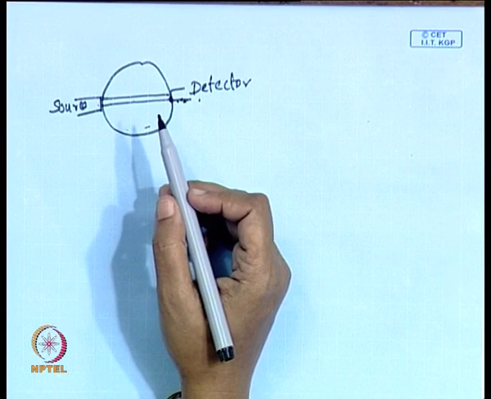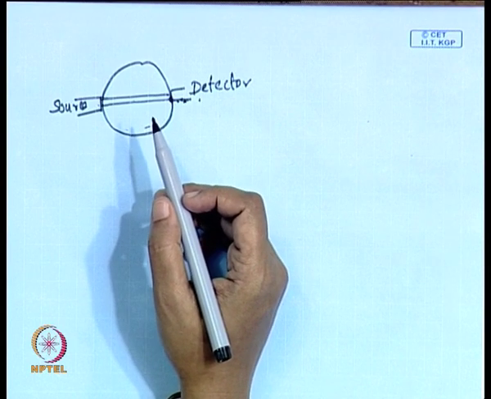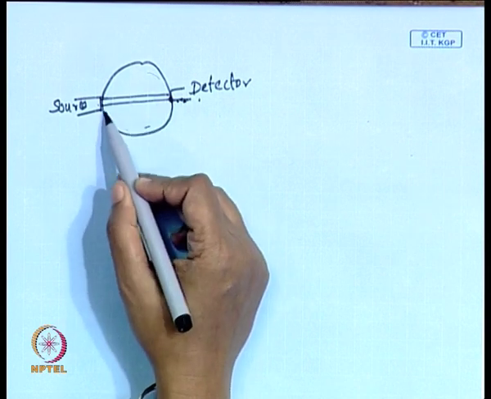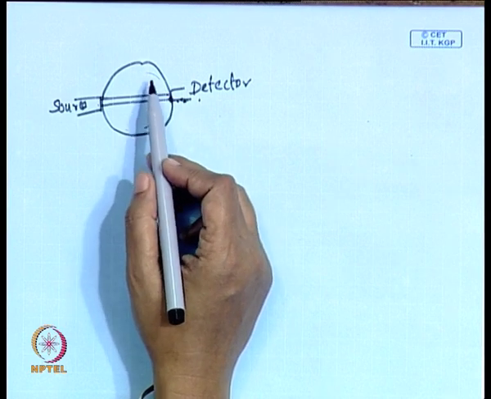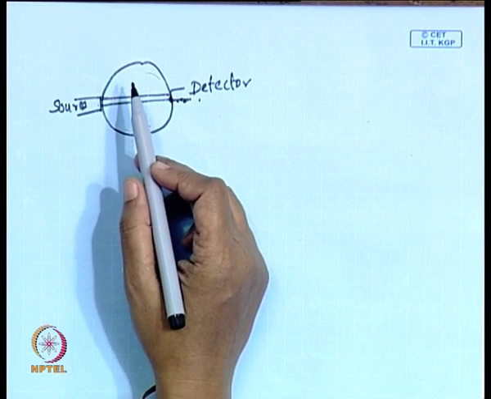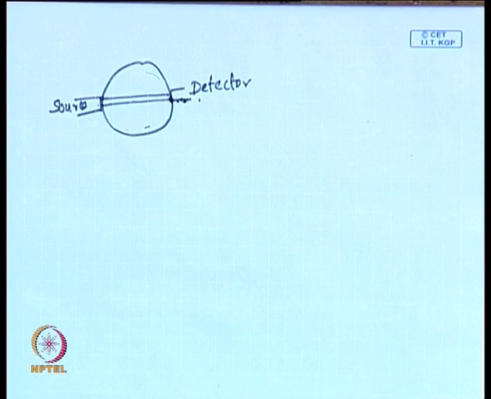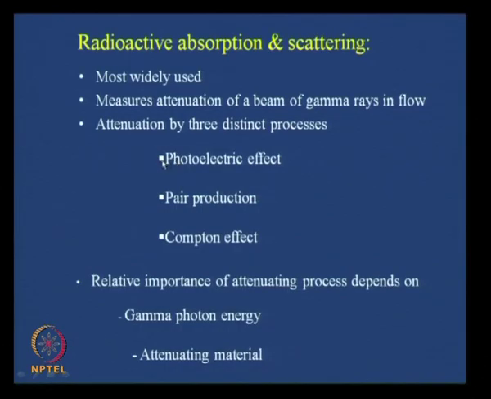Now, usually we find that this amount which is attenuated, which is a better word compared to absorbed, takes place by usually the 3 methods which I have written down here. If you see this transparency, the 3 distinct processes are, first, the photoelectric effect.